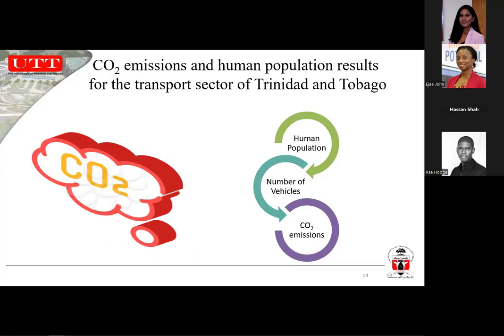So now that we have seen the traffic congestion section, we will now look at the carbon dioxide emissions and the human capacity for those same modes of transport for our public transportation.